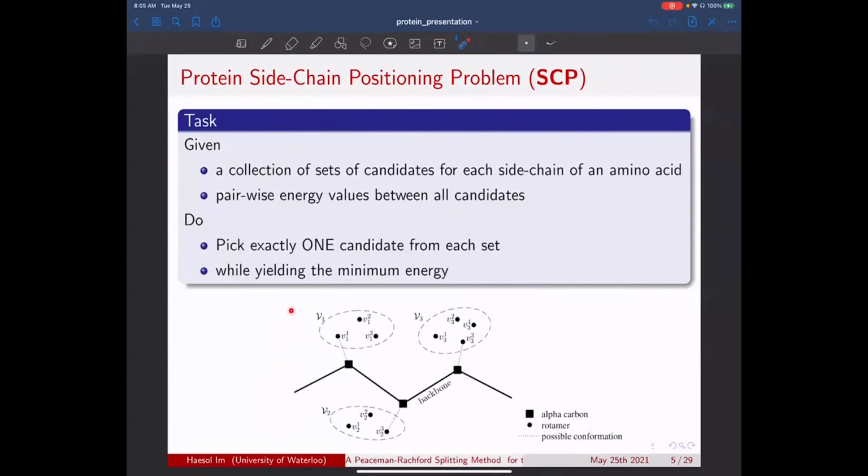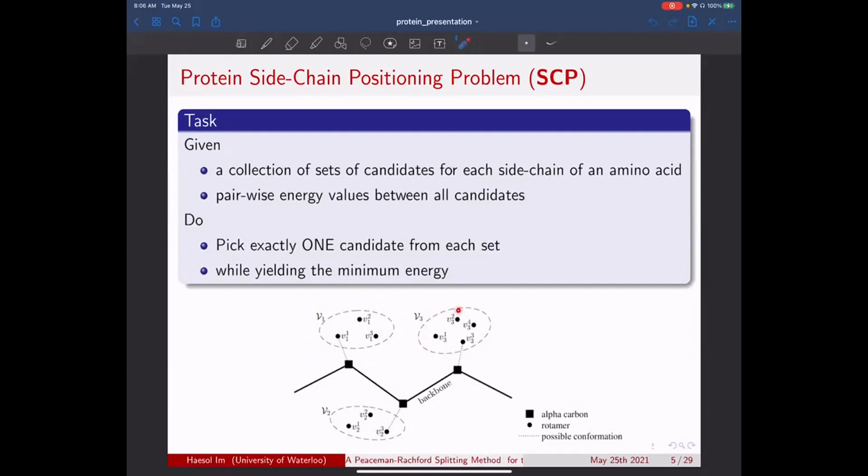Now let's look at this picture. In this picture, this black solid line is the backbone of this protein, and this black square is an alpha carbon. And this whole thing that I am highlighting is an amino acid. And we're given these 3 candidates for the side chain of this particular amino acid.